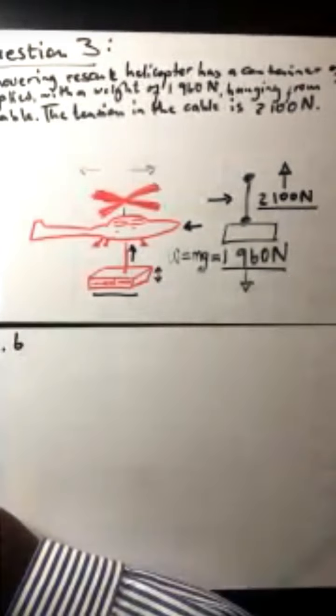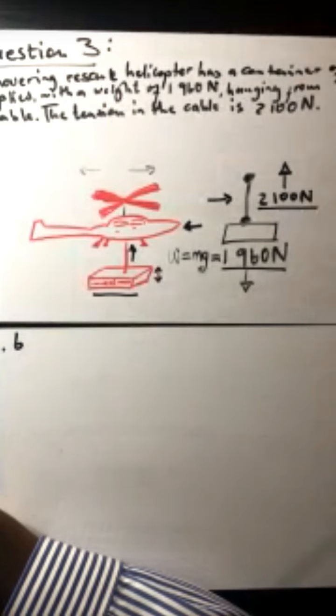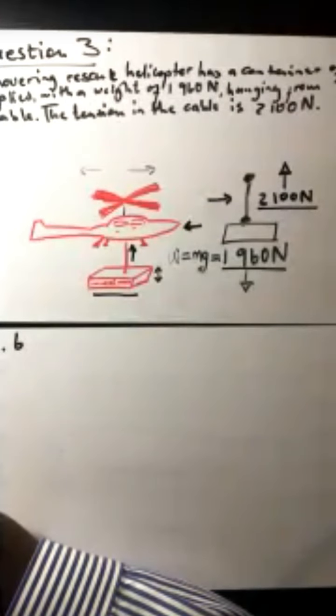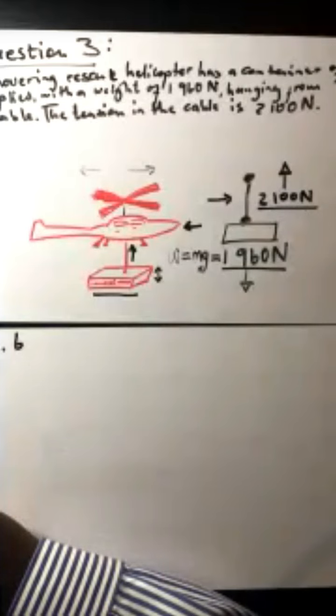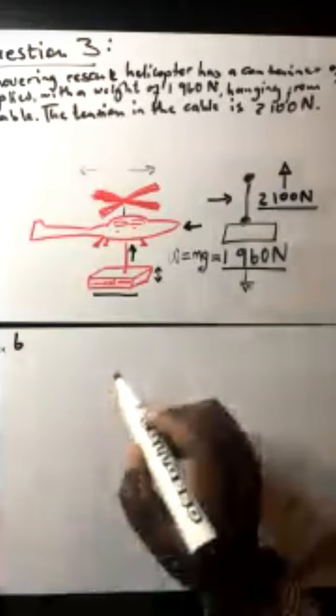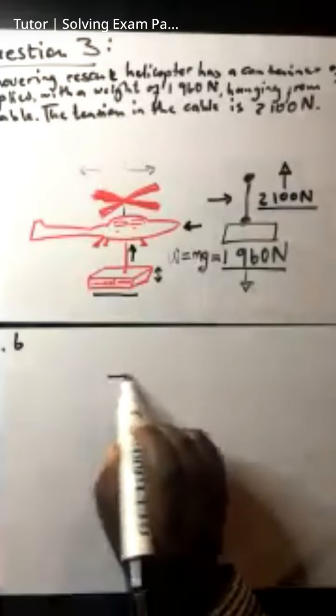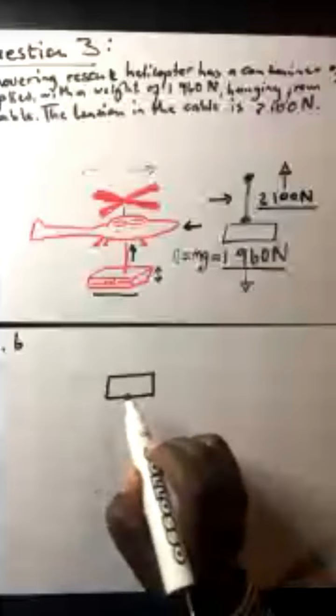3.6. They say, after an acceleration of a few meters, the container is pulled up at a constant velocity of 0.8 meters per second. So remember, we've got that container.